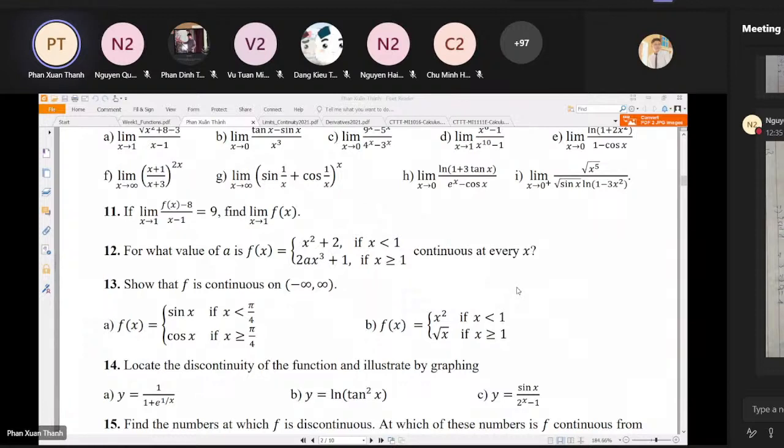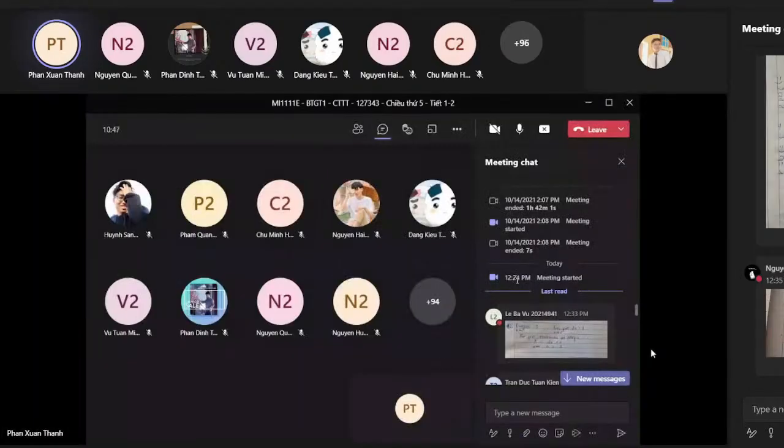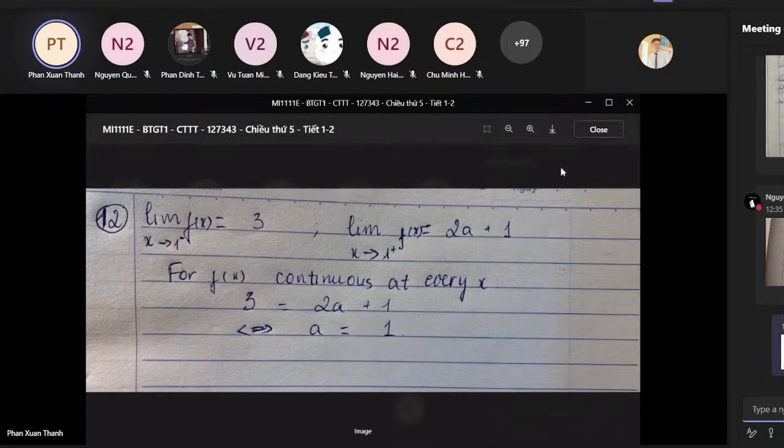So we have to find a for which the function f is continuous at every x. So what do you have now? We start with the solution by Lê Bá Vũ.